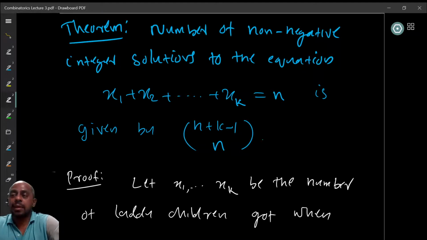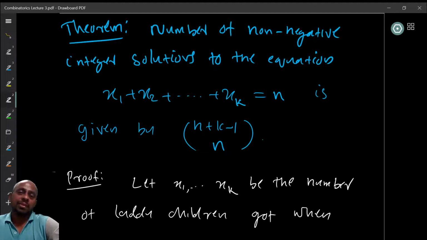So let us start by assuming that x1 to xk are the number of laddus children got when n laddus were distributed to them, right? So here also we are doing the same thing. We have n laddus, and we are going to distribute them to children, but now the person standing at the queue may not be fair, right? He will say, okay, some children who come, I don't like you, so you don't get anything.